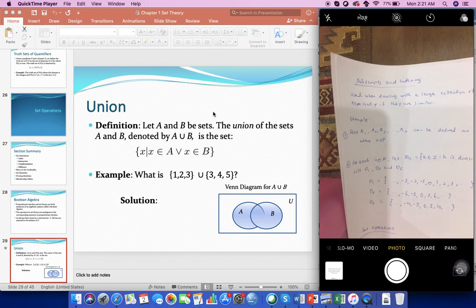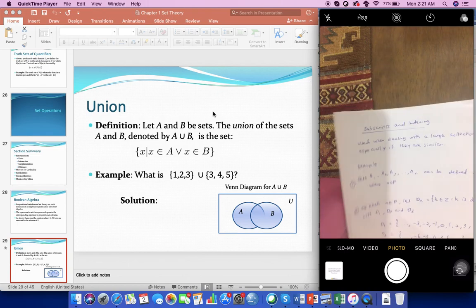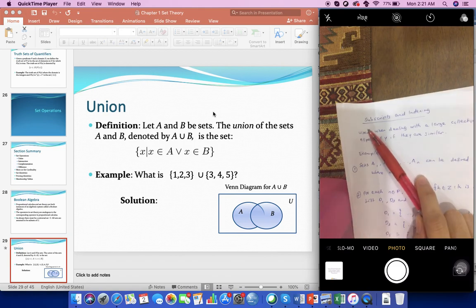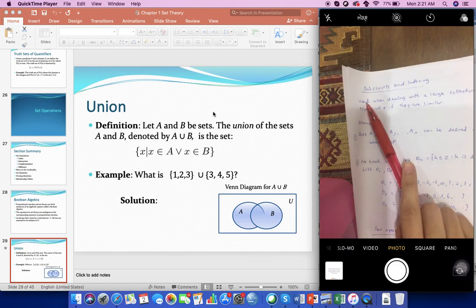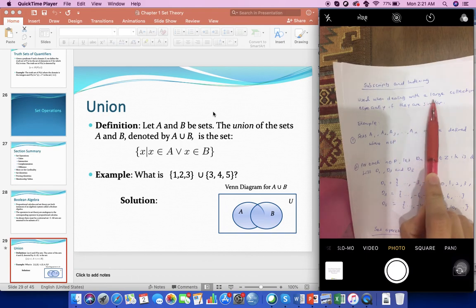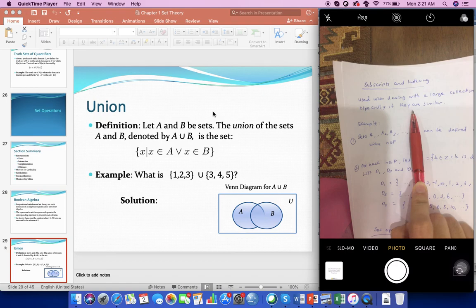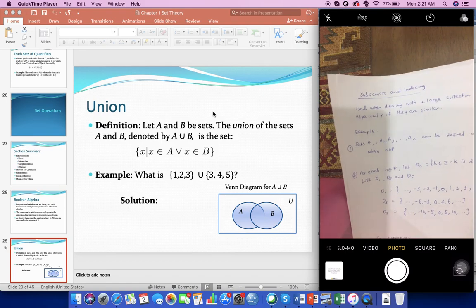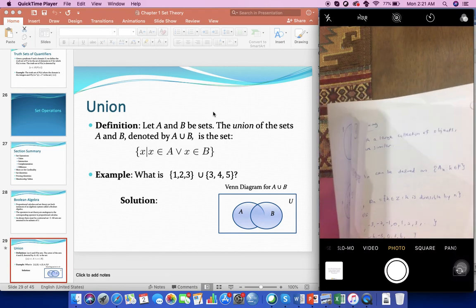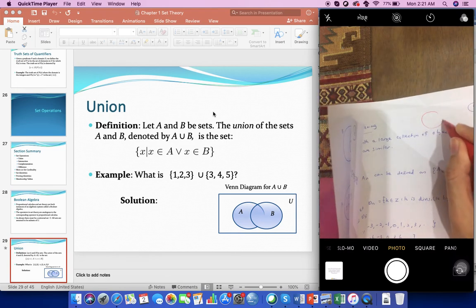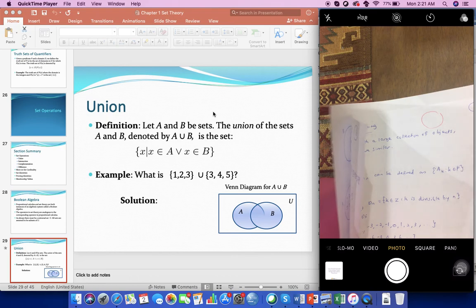Okay, let's continue with the subscript and indexing. These subscripts and indexing are used when dealing with a large collection of objects, especially if they are similar. For example, here we have a box of chocolate, or let's say we have sweets.